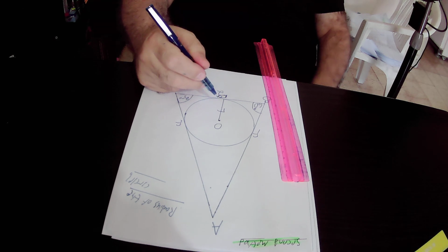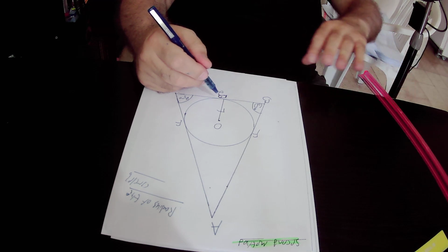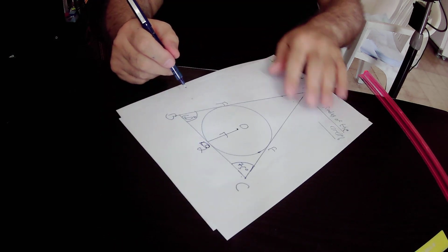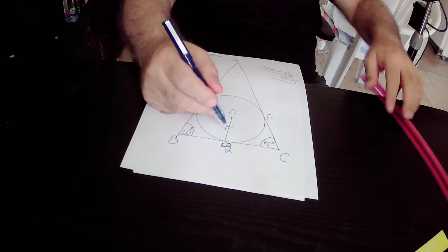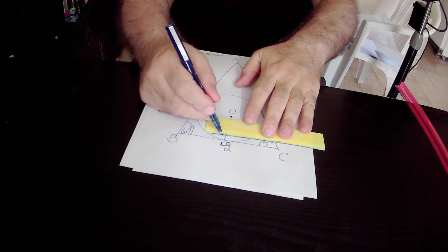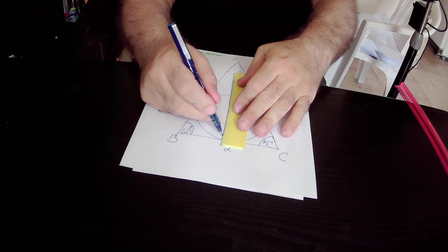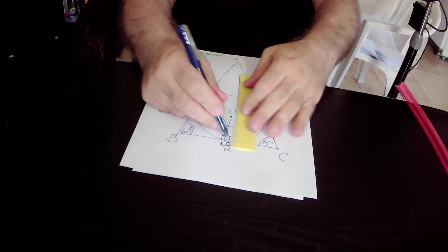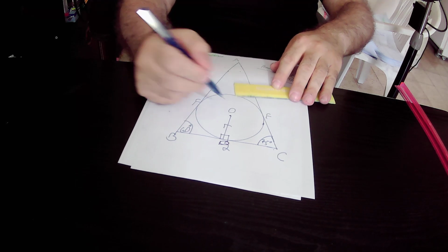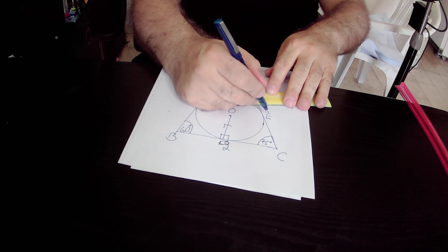According to rule number 1, the radius is drawn to the point of tangency, therefore this angle equals 90 degrees and this angle also equals 90 degrees. We join points O and E together by a straight line.